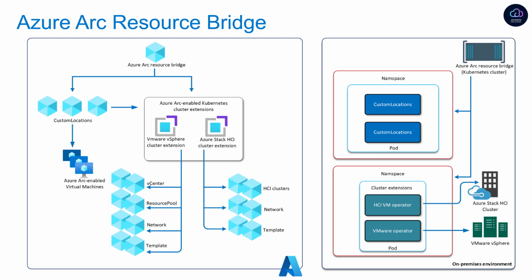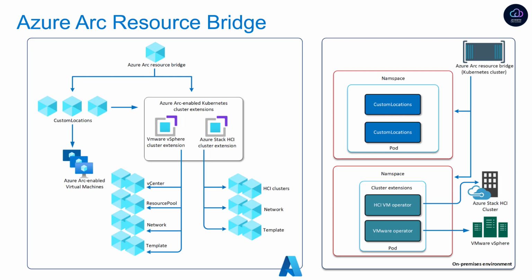All right, and the solution layer for each service supported by Arc Resource Bridge is different for every type of virtual machine. Okay, so the cluster extensions here are nothing but the Azure services deployed to run on premises.